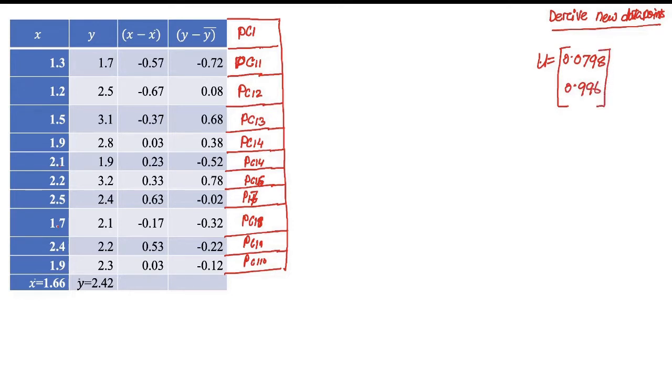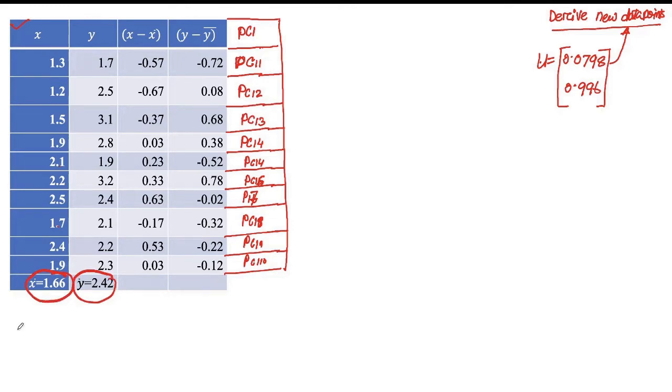With the normalized eigenvector, we are next to compute the new data points. For the computation of the new data points, we have to go back to the earlier table of data which was given to us, x and y. Then we also found the x bar and y bar, which are the means of x and y.